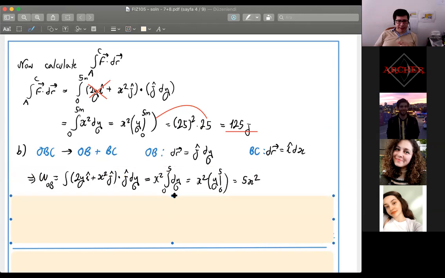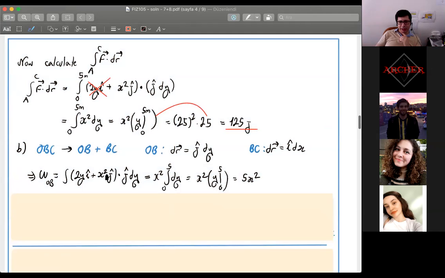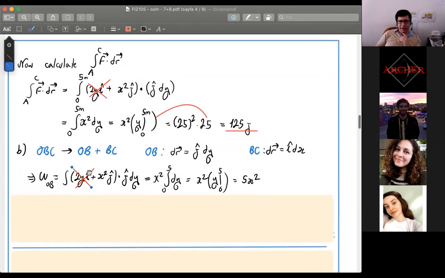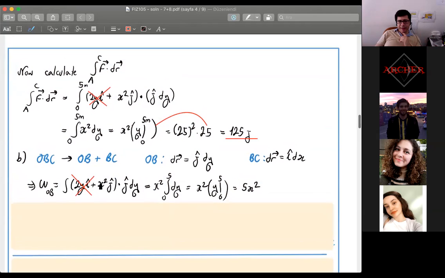Then let's write these integrals from O to B. In the first, vertical part, we have j dot j, and j dot i is 0. i and j are perpendicular. This j dot j is 1. So the remaining term is x squared, integrated from 0 to 5.